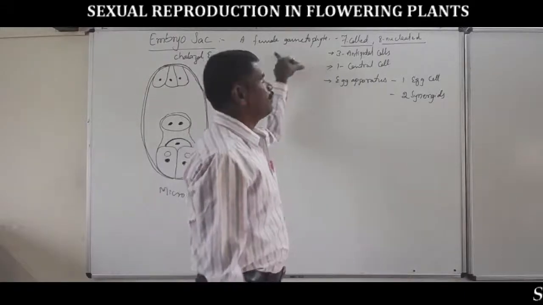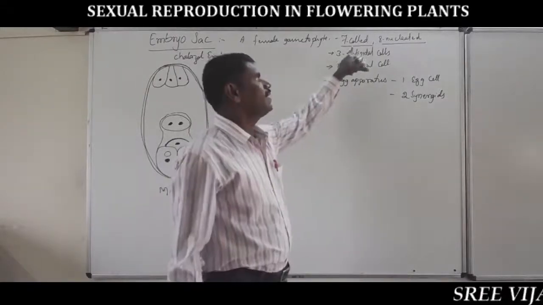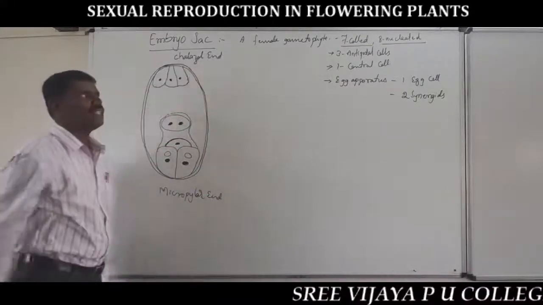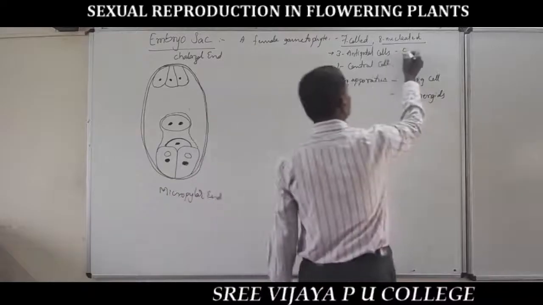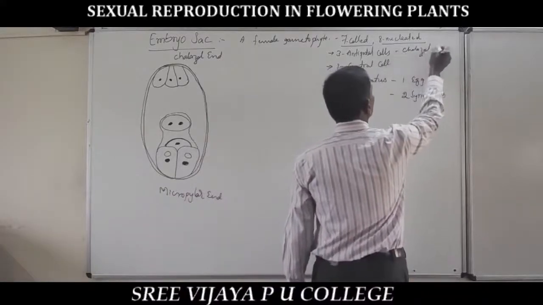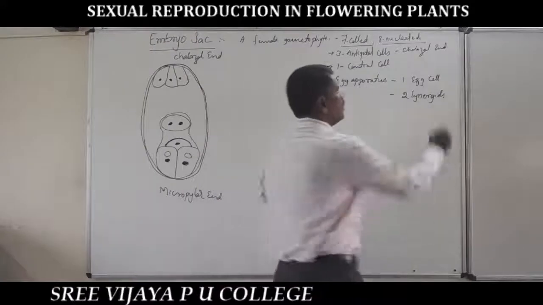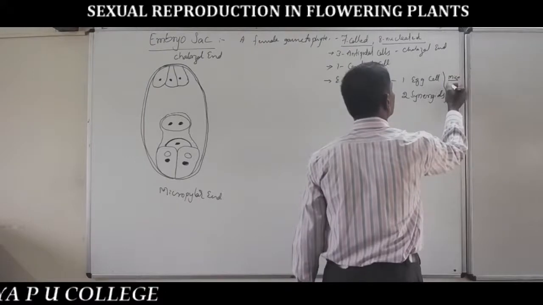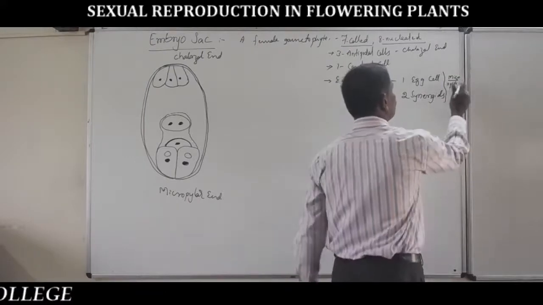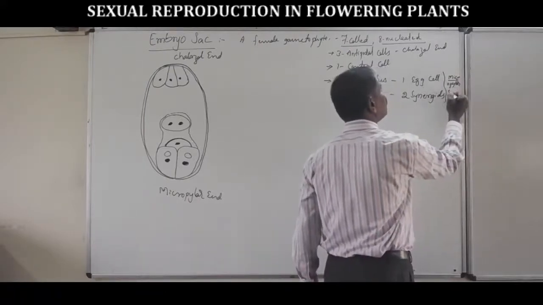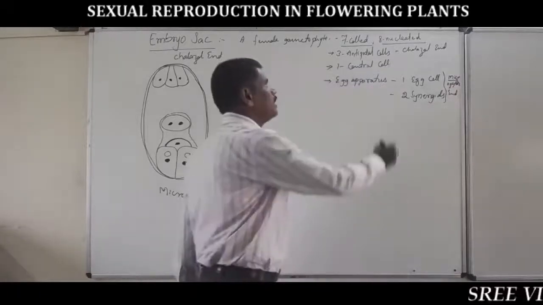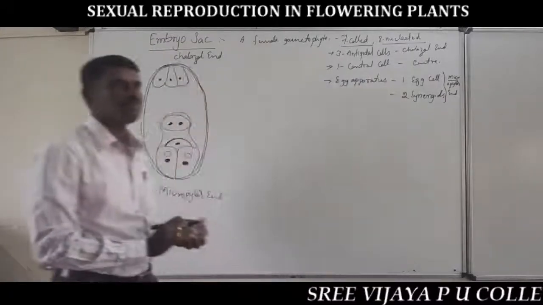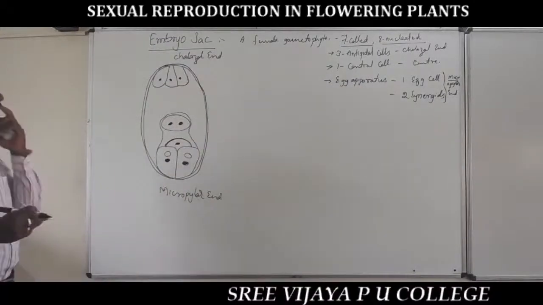As the female gametophyte is seven-celled, three are at the chalazal end and three are at the micropylar end, and the centrally located one is the central cell. We discuss them one by one.